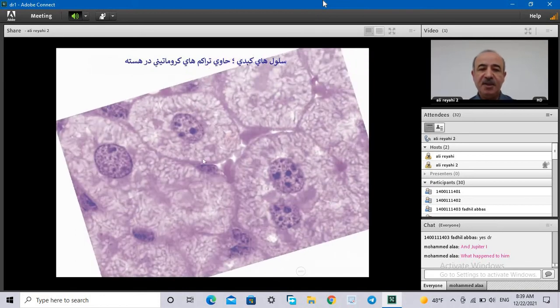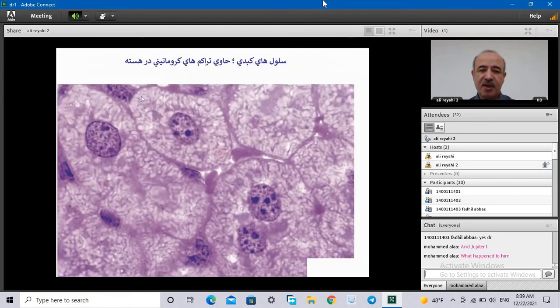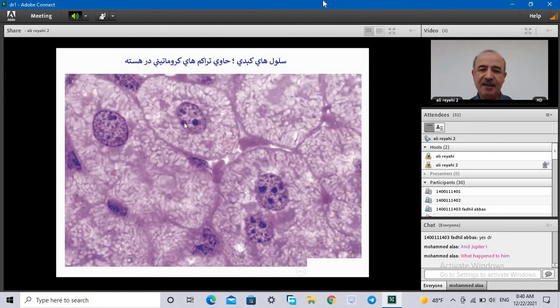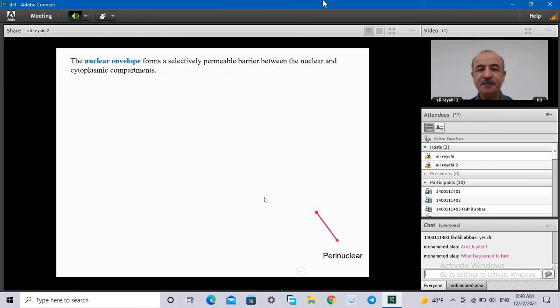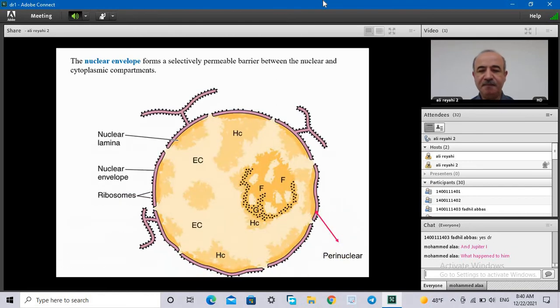This picture shows the hepatocyte, and you can see the nucleus and the nucleolus within the nucleus of this cell. Okay, and this picture shows the schematic shape of the nuclear envelope. Attention please.